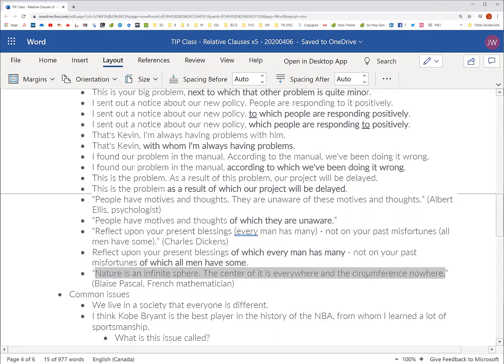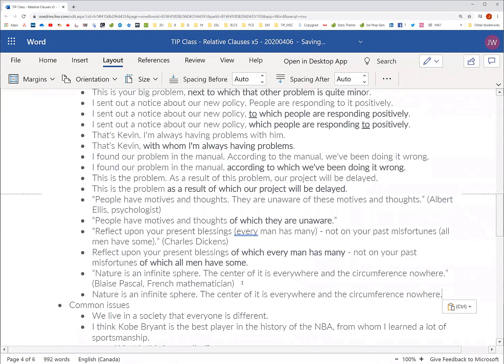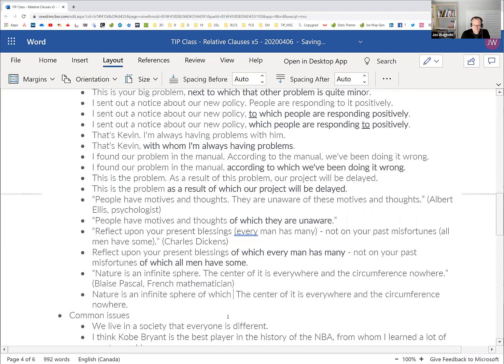Nature is an infinite sphere, of which the center it is everywhere, right? Of which, we have to get rid of it. Very nice.